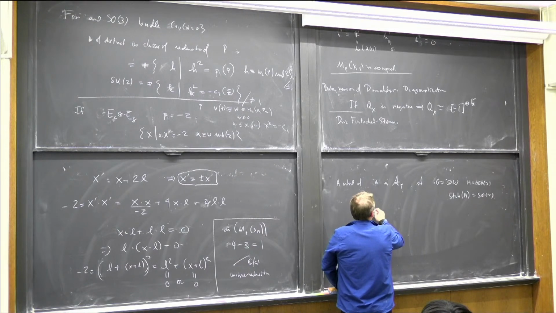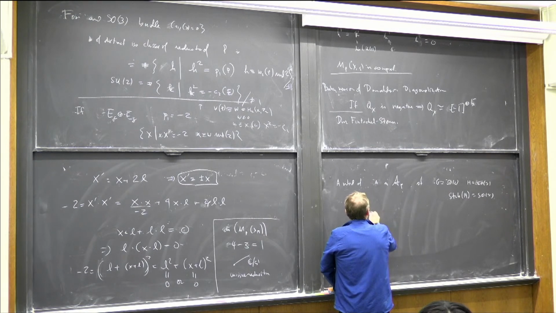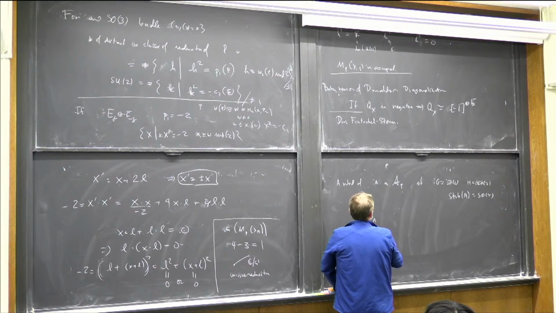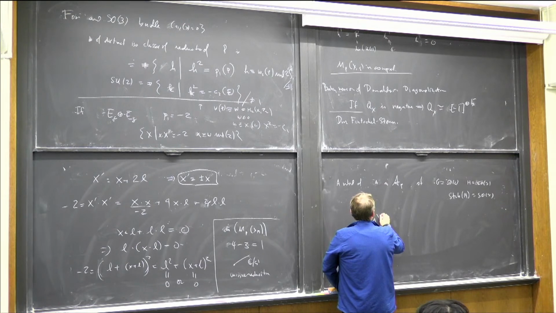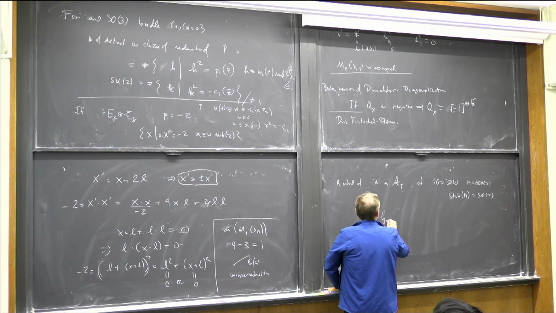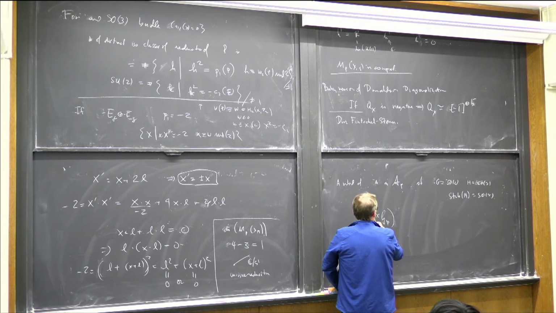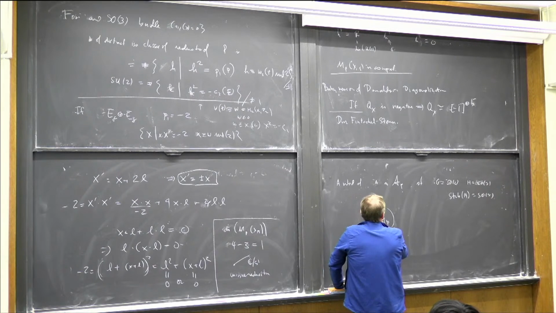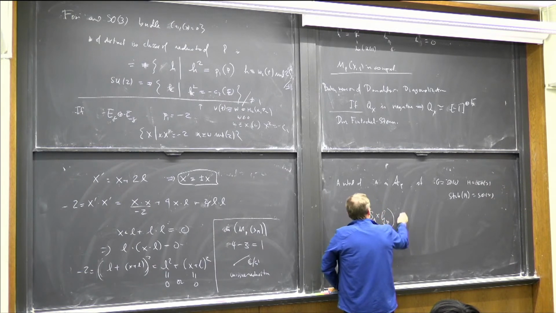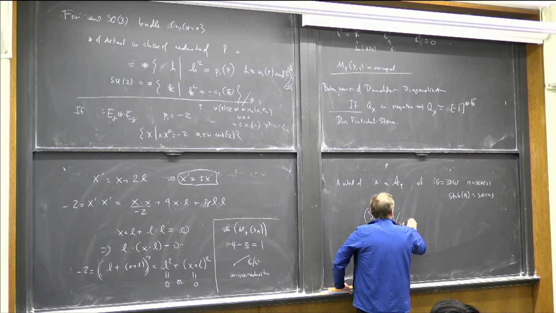So a neighborhood of A looks like the slice times the gauge group, but divided by the stabilizer.